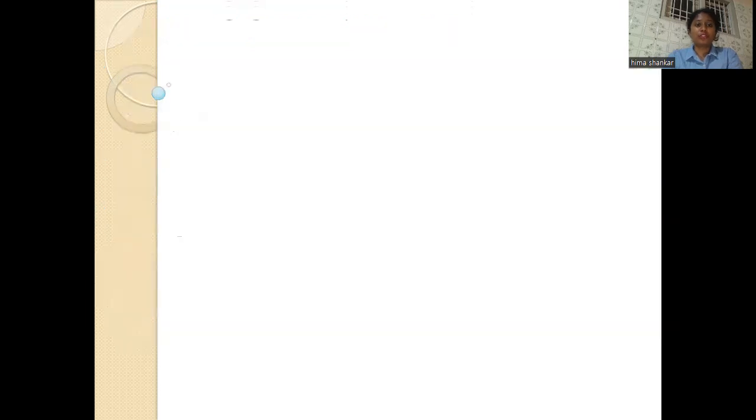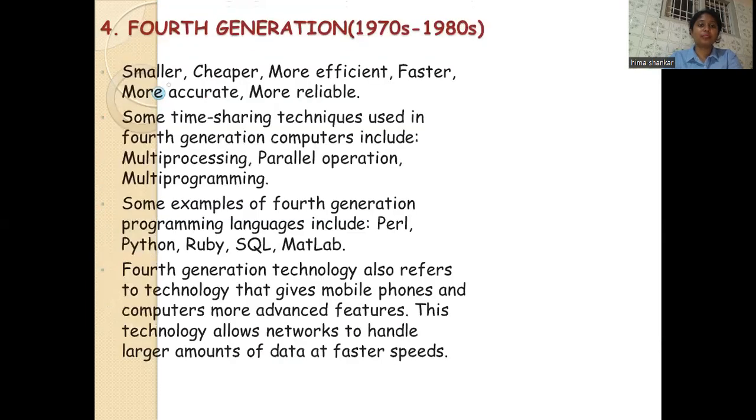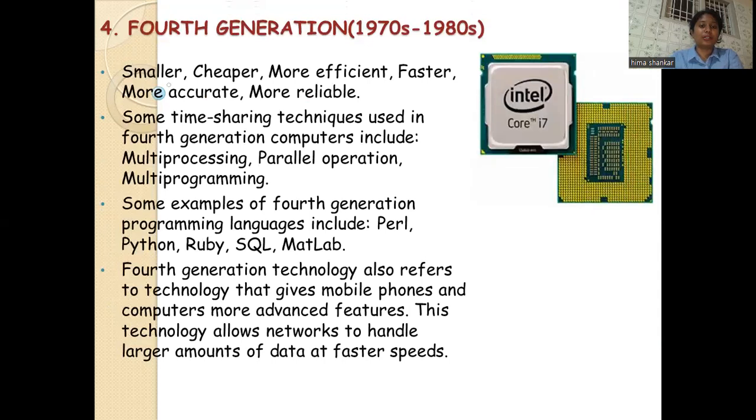Let's move on to the fourth generation of computers. Smaller, cheaper, more efficient, faster, more accurate, more reliable. Time sharing technique used in fourth generation computers include multiprocessing, parallel operation, multiprogramming. Some examples of fourth generation computer languages include Perl, Python, Ruby, SQL, and MATLAB.